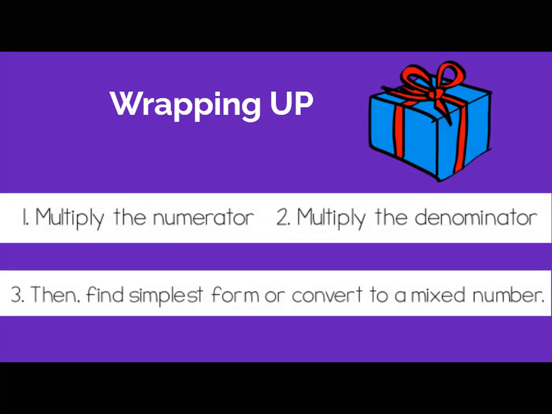Like we said when we were practicing, you might not always have to do step 3, but it is something that you need to check your fraction for. If you have an improper fraction, you definitely want to convert that to a mixed number. But if you have a proper fraction, you have to look at it very carefully just to make sure that it's already in its simplest or reduced form. So that's all you need to do, guys. 1, 2, 3. Thank you.